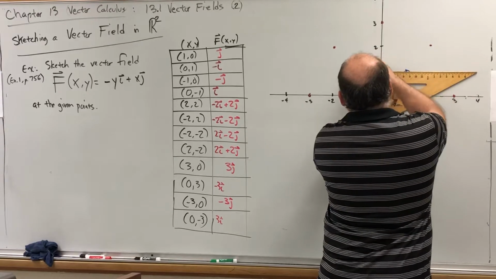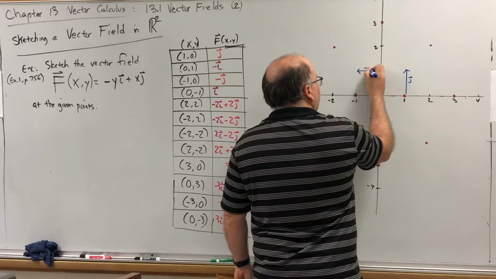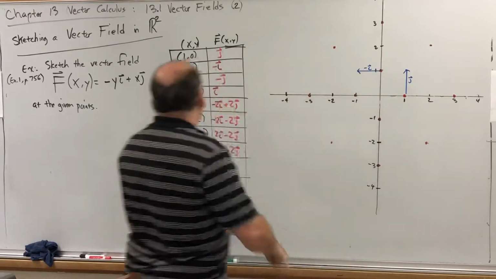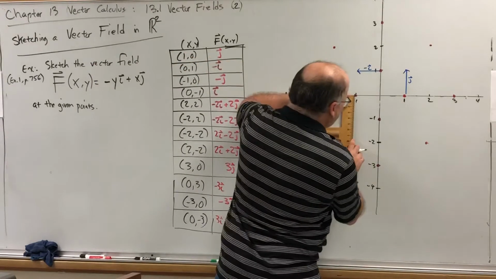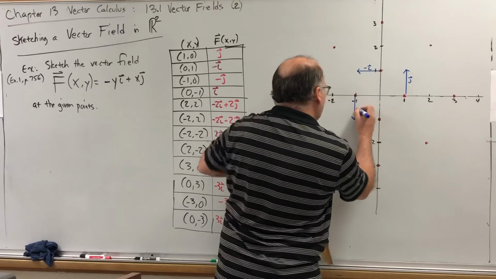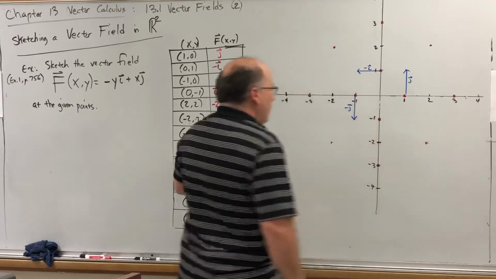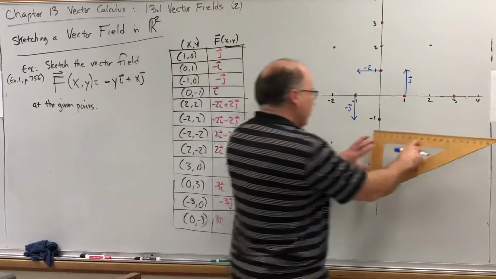One unit to the left. So there's negative i. From the point -1, 0, we would draw the vector -j. So here's -1, 0, and the vector -j. And then from the point 0, -1, we would draw the vector i.